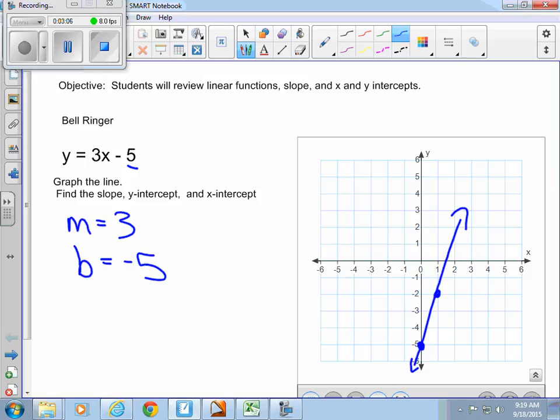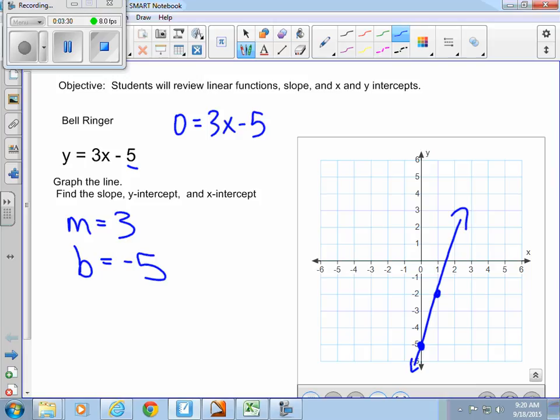Substitute what? I heard substitute 0 for y. Would you agree that the x-intercept is when y is 0? The y-intercept is when x is 0, and the x-intercept is when y is 0. So let's do that really quick. If I put 0 in for y, could I find that x value?